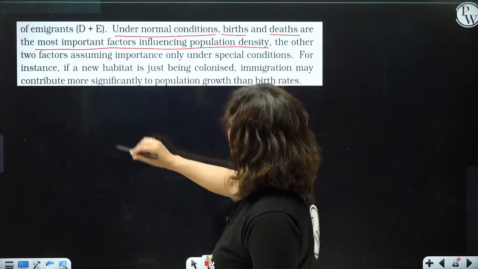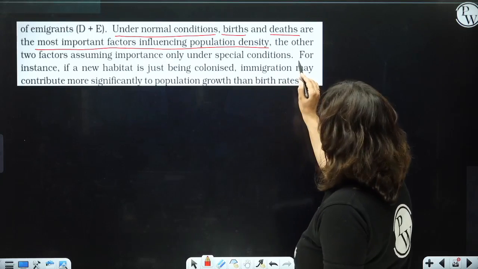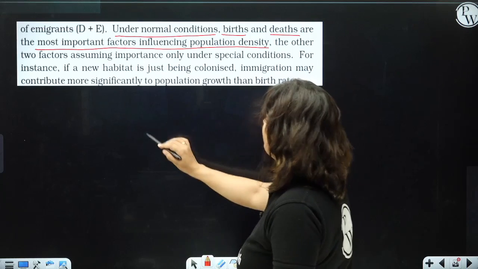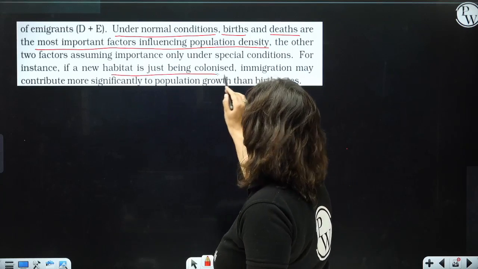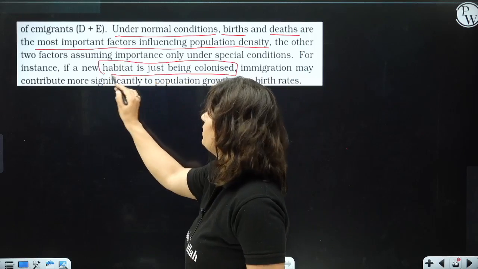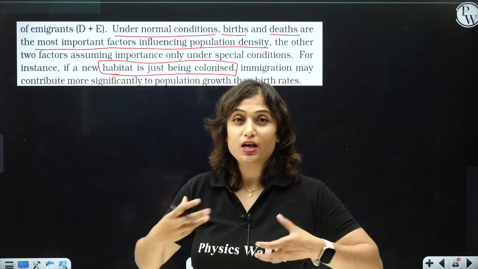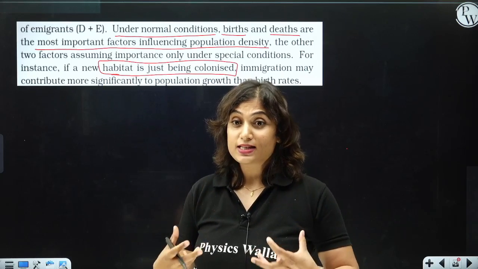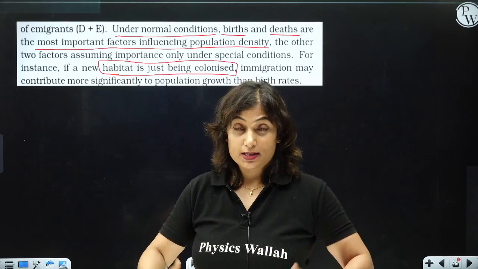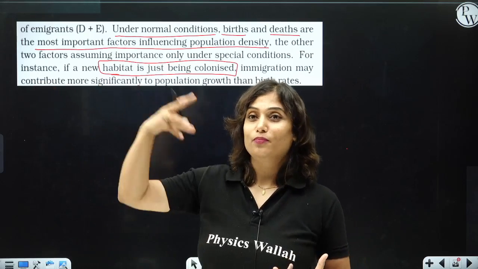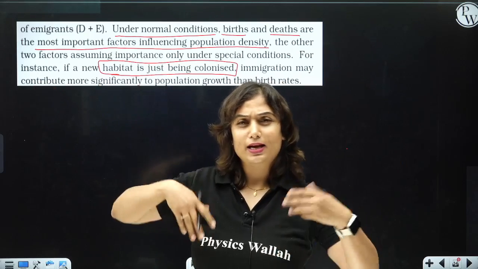But for a special condition, if the habitat is just being colonized, that means the habitat is not fully formed, it is in the formative phase. The organisms are coming and going.